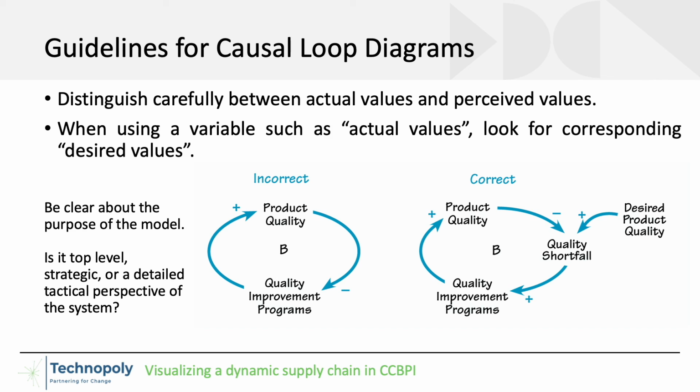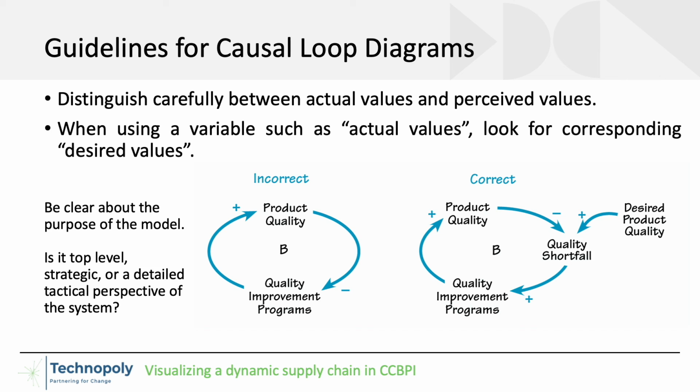So a better way to capture improvement programs is to measure the reason why you have improvement programs. And it's not about product quality, but the shortfall between your product quality and a desired quality. Because of that shortfall is the reason why you have improvement programs, not because of your product quality by itself.